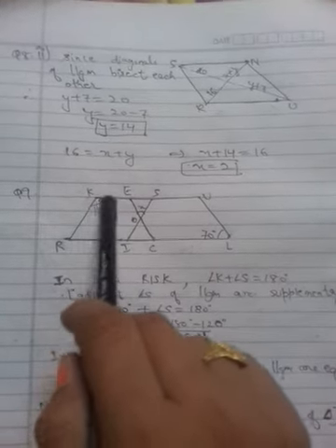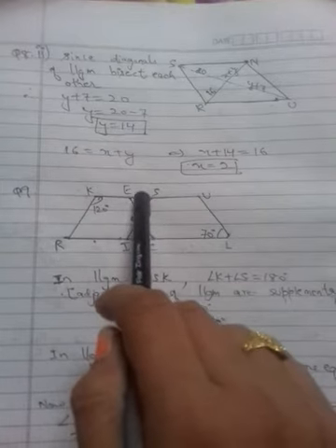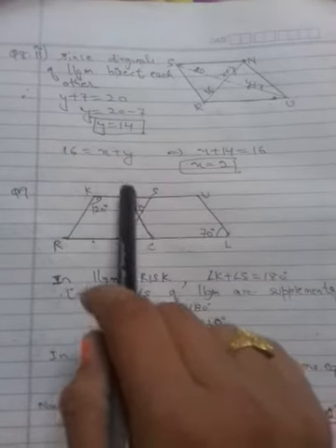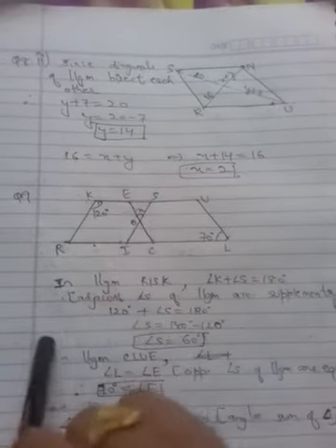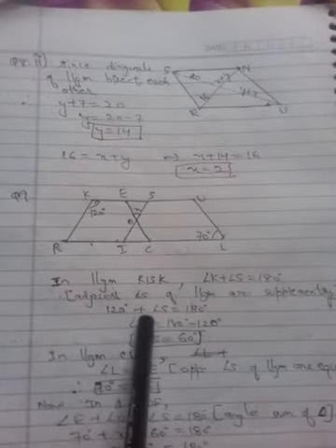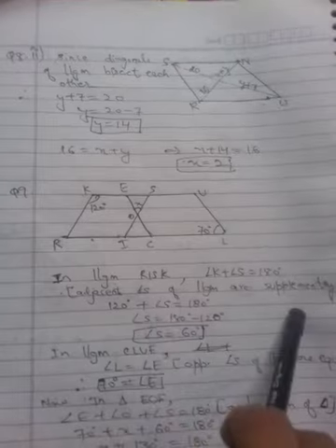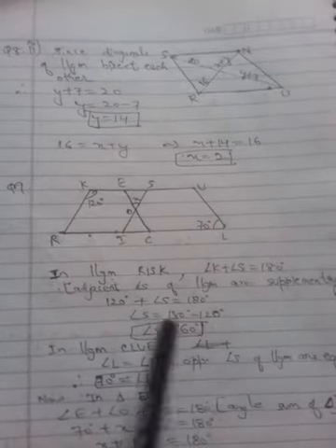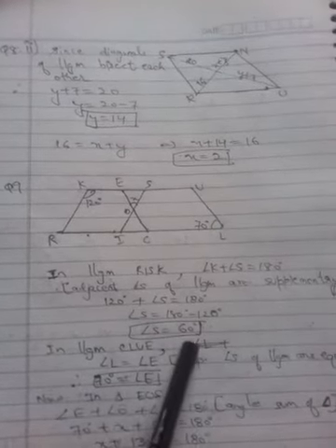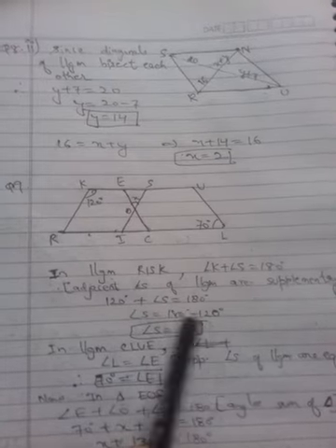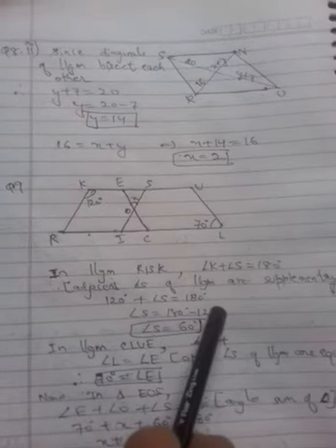This is 120 degrees. We will find this angle S in this triangle. So 120 plus S is equal to 180 degrees, because adjacent angles of a parallelogram are supplementary. So we get angle S is equal to 60 degrees by subtracting 120 from 180.